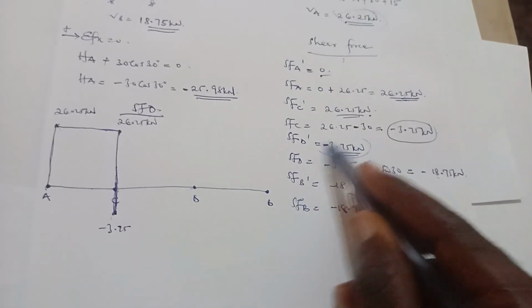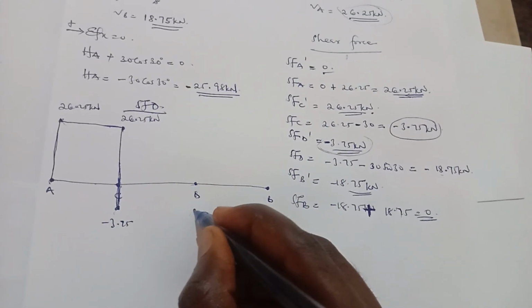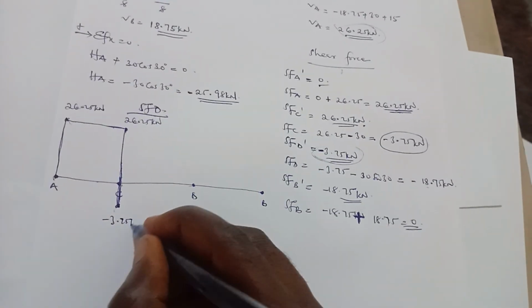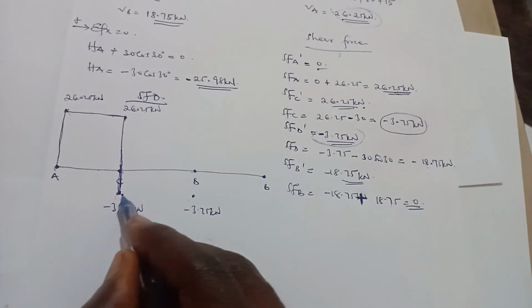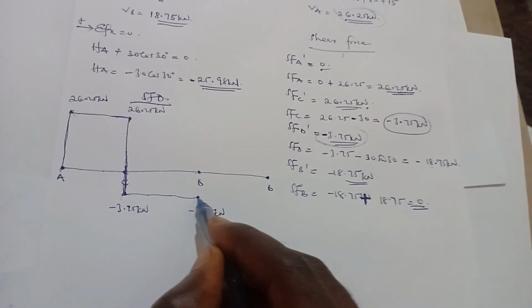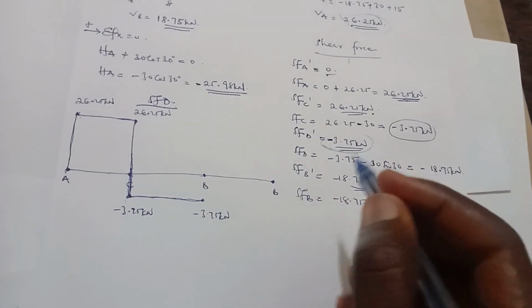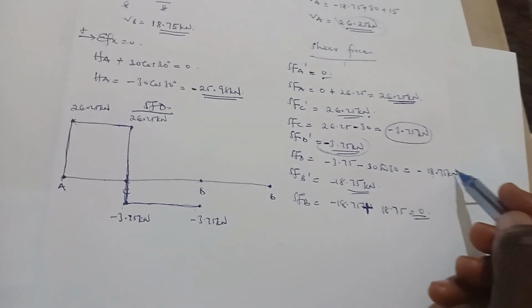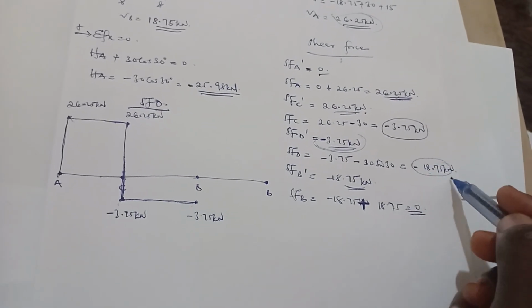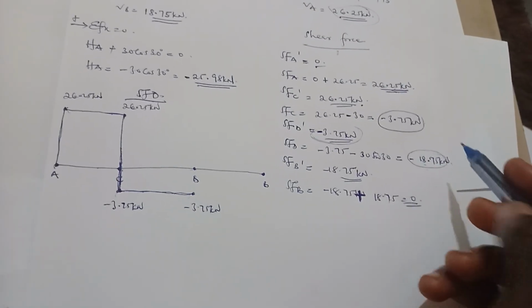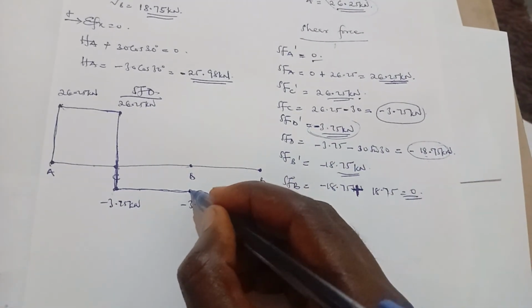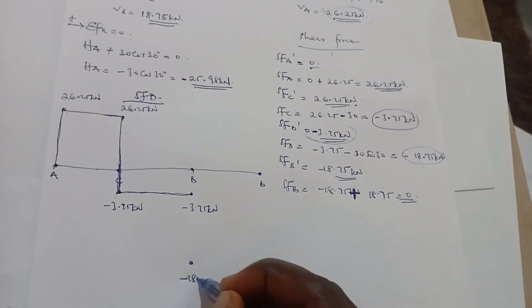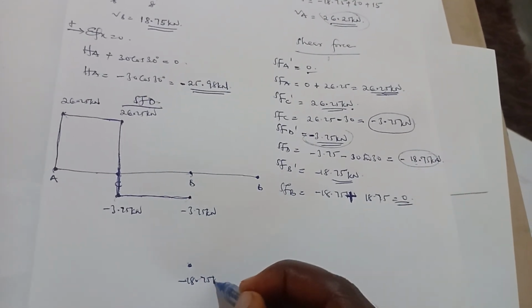D prime, negative 3.75. So to be on the same line. Shear force at D, negative 18.75. So still at D, negative 18.75 kilonewton.